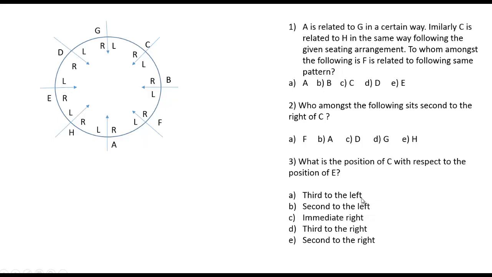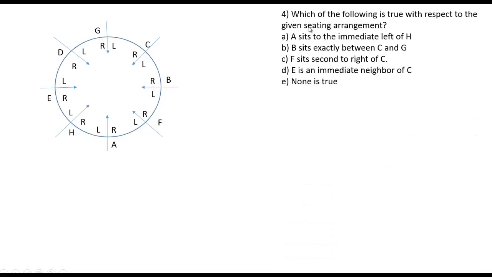So first option is not there. Second to the left, that is also not possible. Immediate right is also not possible. Third to the right, so go in the right direction. First, second and third. So this is third to the right. So E's position is third to the right of C, and therefore this D option is correct.